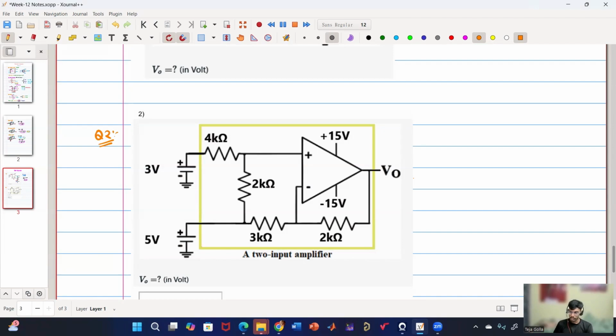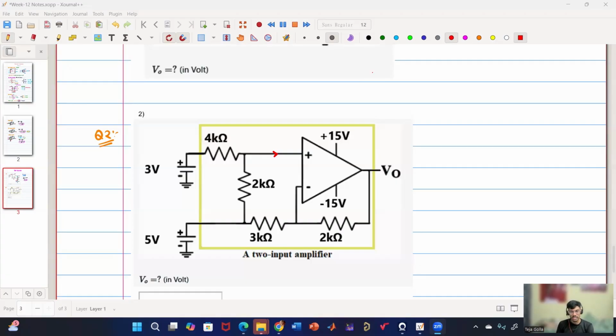Okay. So maybe I'll ask you a few questions, then maybe you'll get an answer. So what is the current through this path? Maybe one input grounded, but we will not use superposition. We'll solve it as it is, because with superposition it will become a little bit complicated. We have to solve the same circuit twice, which is not needed. That's why we'll not do superposition. We can actually do superposition, but it is lengthy.